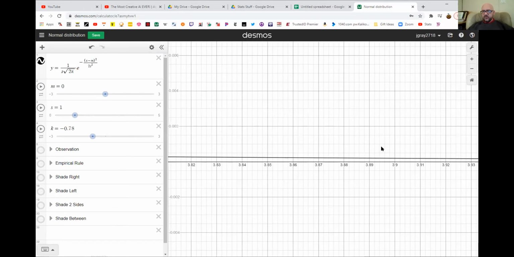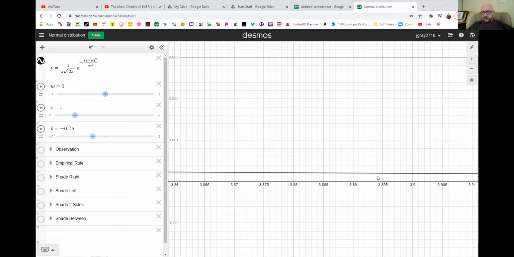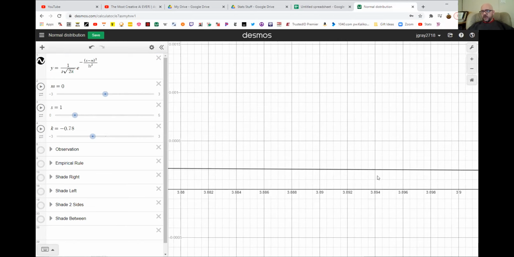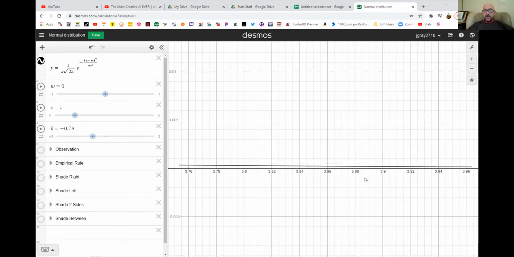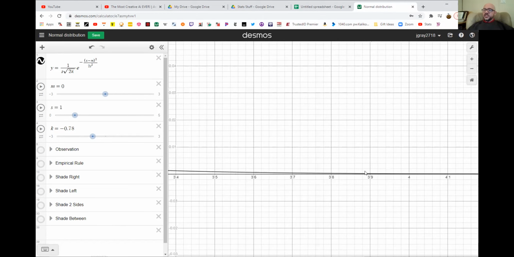It's just really, really close. I'm zooming way in here, obviously. I could go to the right as far as I want, and it will never touch the axis. Same thing to the left. It's always just slightly above it.